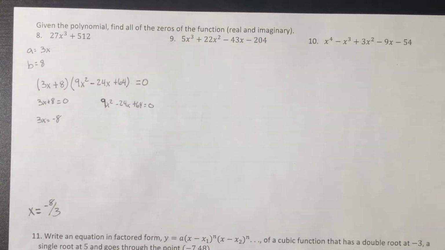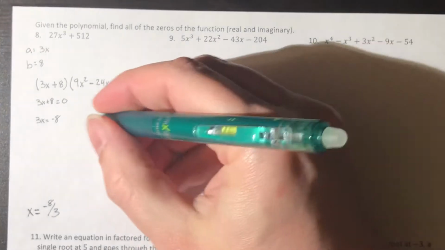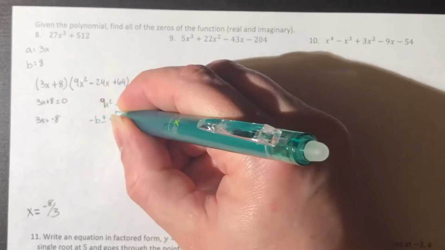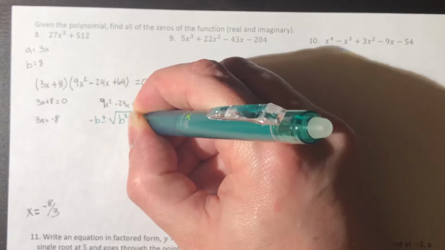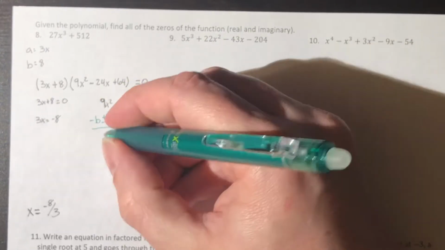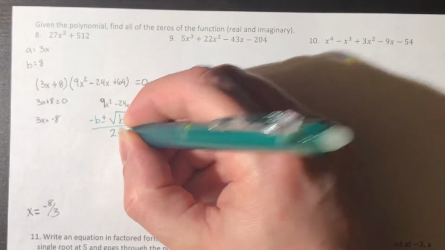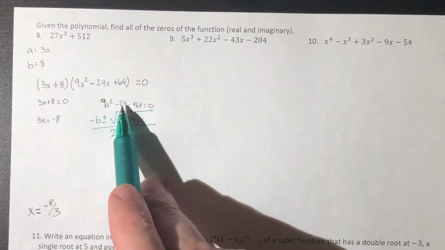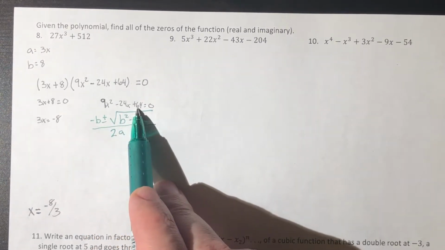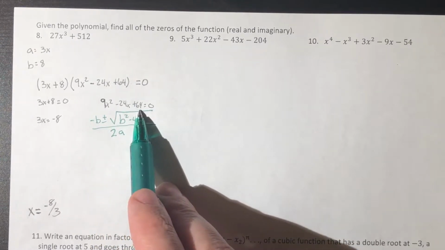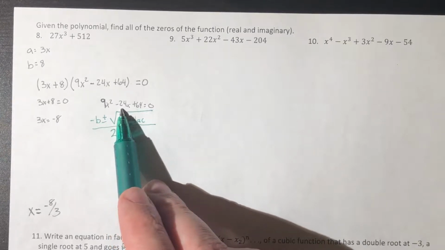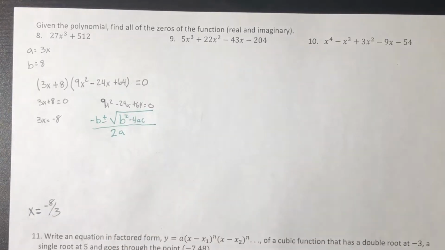This other one requires a bit more work. We need to use the quadratic formula. Remember, our quadratic formula is negative b plus or minus the square root of b squared minus 4 times a times c, all of that divided by 2a. My a, b, and c come from this quadratic trinomial. A is the coefficient on x squared, b is the coefficient on x, and c is my constant.